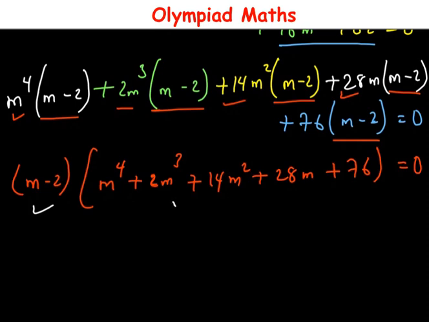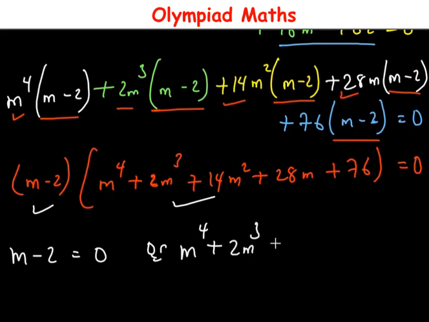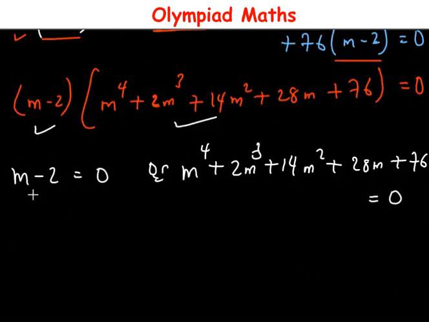So equating this equation to 0, we have m minus 2 equals 0, or m raised to power 4 plus 2m raised to power 3, plus 14m squared plus 28m plus 76, and this equals 0. From this linear equation, the value of m is equal to plus 2.